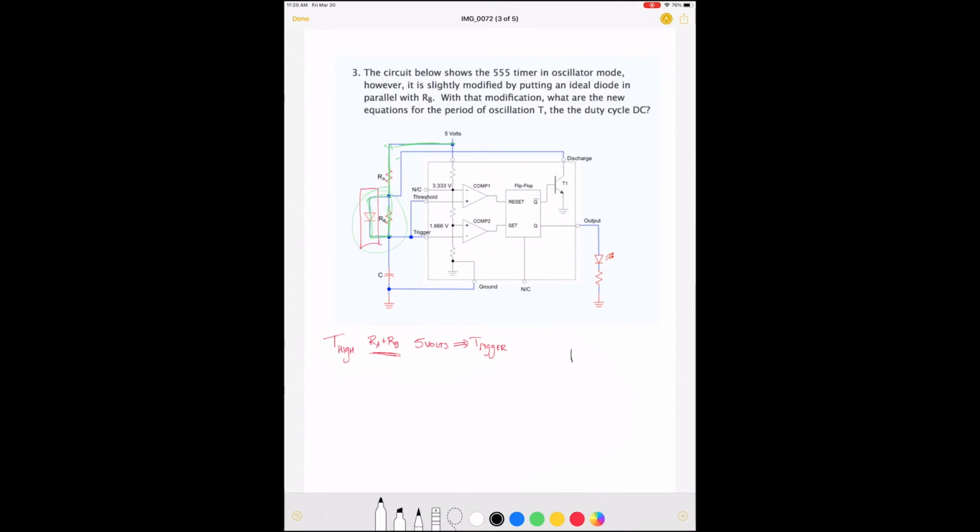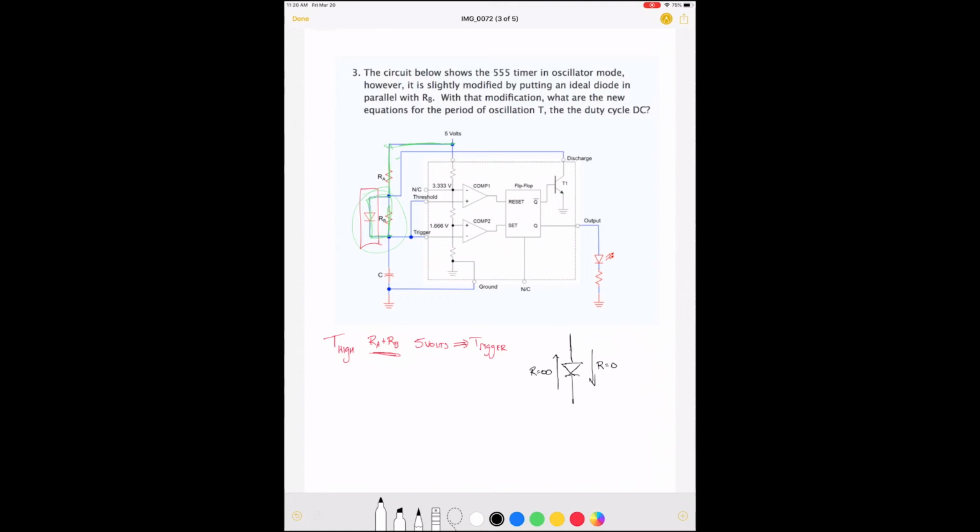So if we have a diode, this will be our diode, this means that in this direction going down, the resistance is equal to 0. But if we were going up, the resistance would be equal to infinity. So essentially, it just allows current to flow in one direction for free, and in the other direction, it can't flow. So it's like a short in one direction and an open in the other direction.